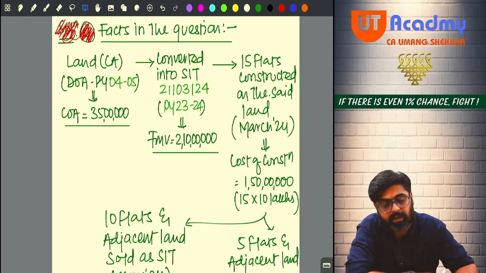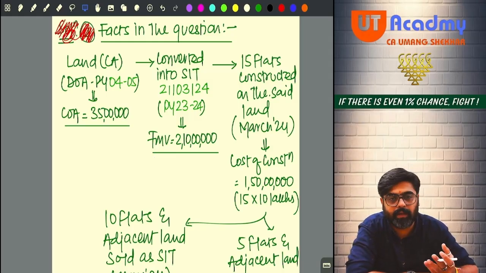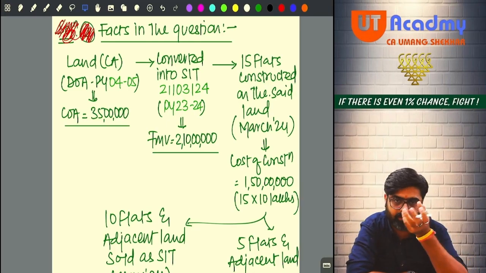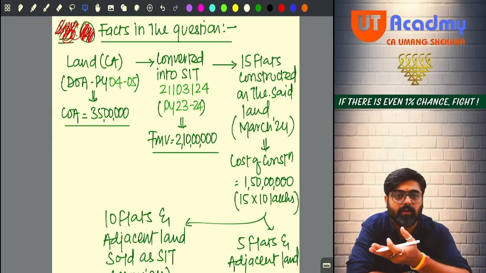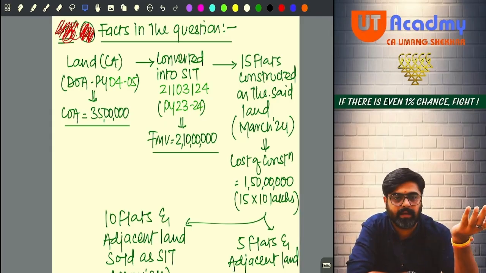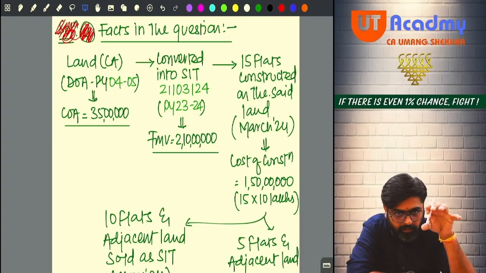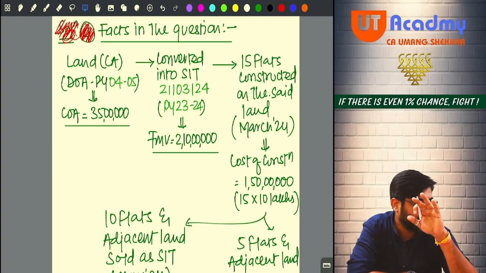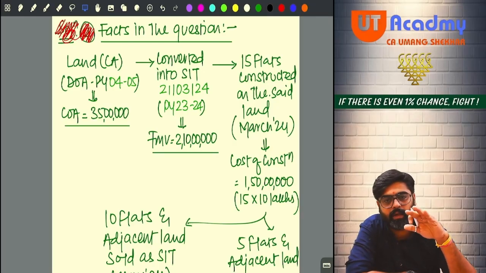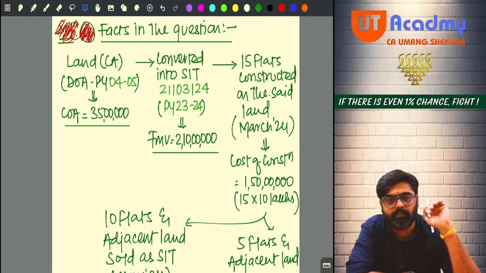Okay. Then after converting the land into stock in trade, you are selling that land as a stock in trade only. But you are not selling it as a vacant land. You have constructed 15 flats on that land. All the flats are having equal area, dimension and everything.